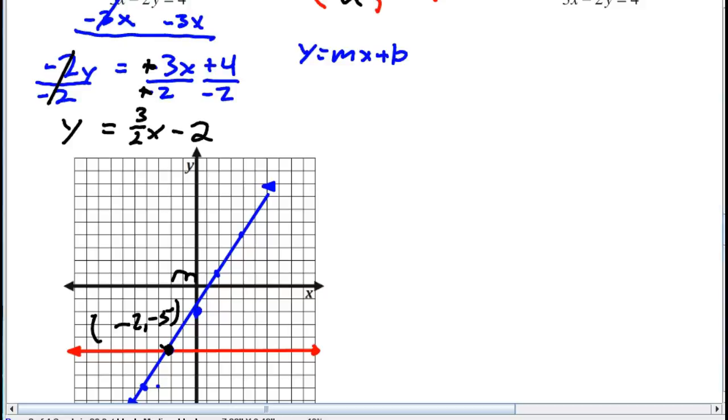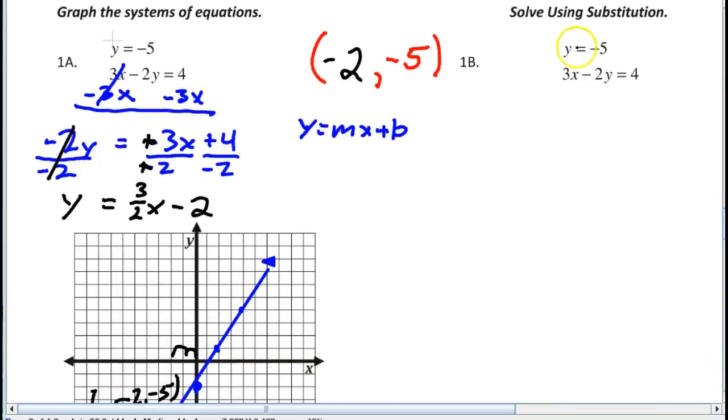And let's try the substitution method. So this y and this y are the same thing. I'm just going to rewrite the bottom equation. I'm going to leave out the y. Put a parenthesis there instead. So if this y is equal to negative 5, so is this y.